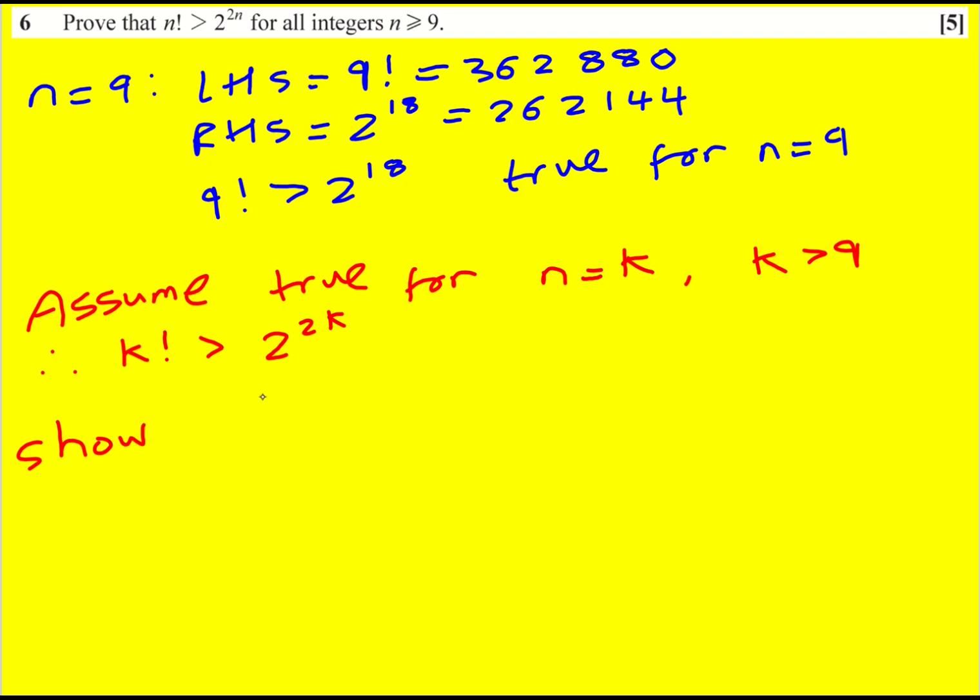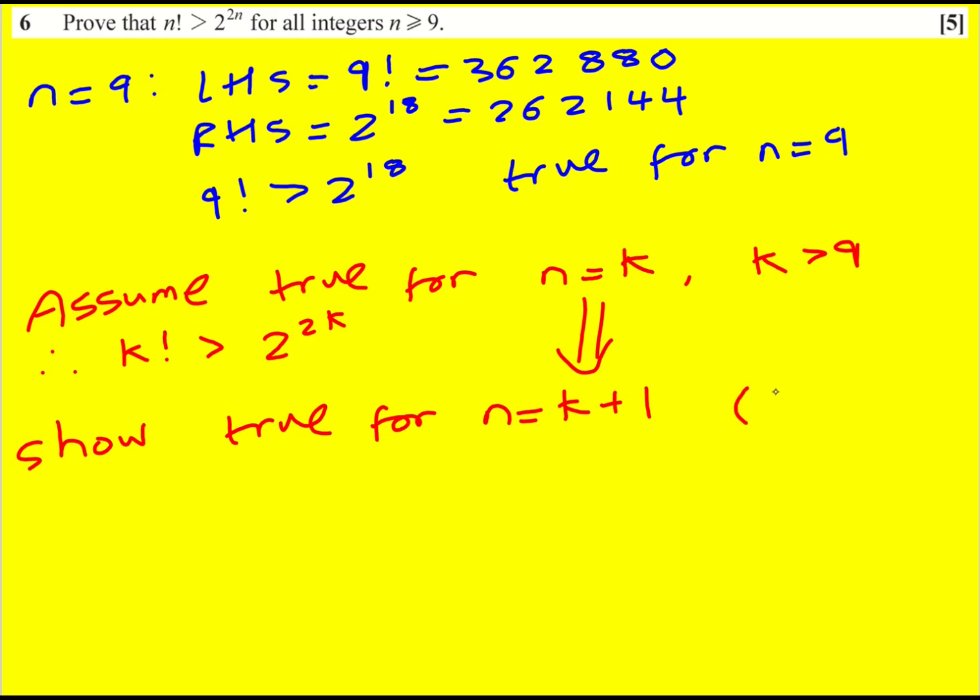And we want to show that true for n equals k plus 1. That this one here implies this one. Because then we're showing that, for example, 9 implies 10, which implies 11, which implies 12, and so on. They're going to be true from then on.